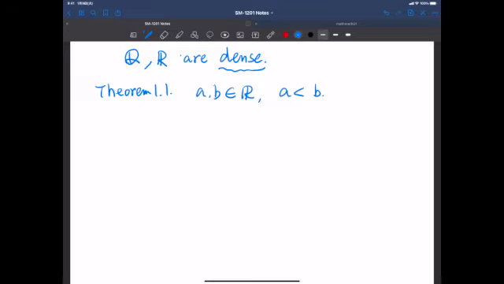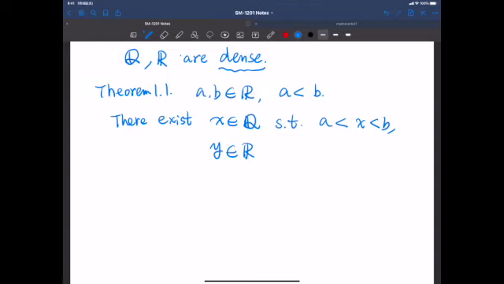Okay, then there exist a rational number x such that x is between a and b, and a real number y such that y is between a and b.